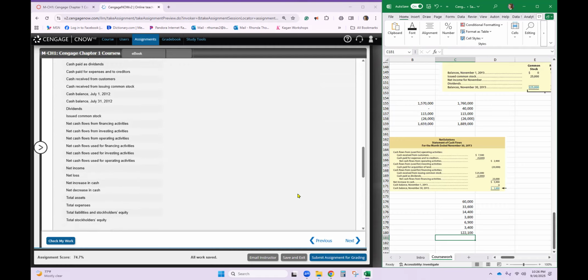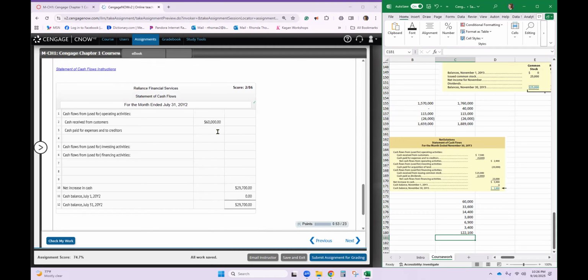So now let's see if we can get a balance. 122,100. Let's see if we're right. Oh, this should be 106. My fault. 106. Okay. Then this should be 122,100.